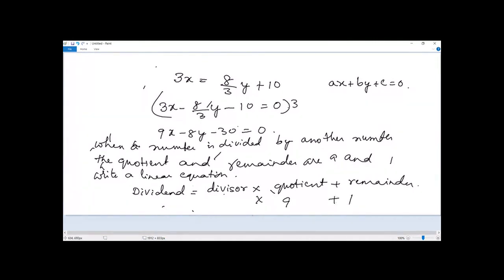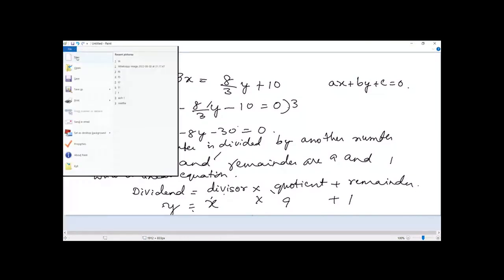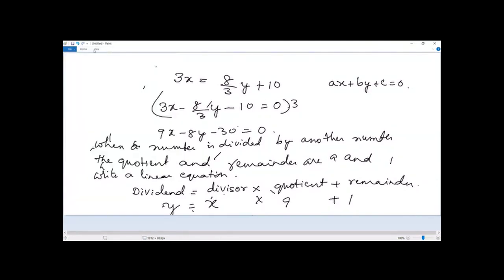So x and y we have to give for dividend and divisor. Can I write y is equal to x times 9 plus 1? Yes, ma'am.